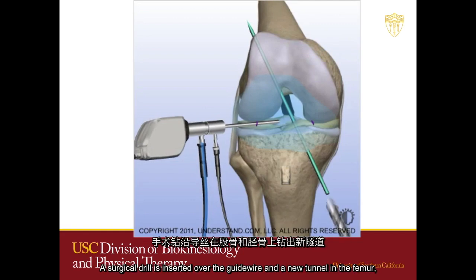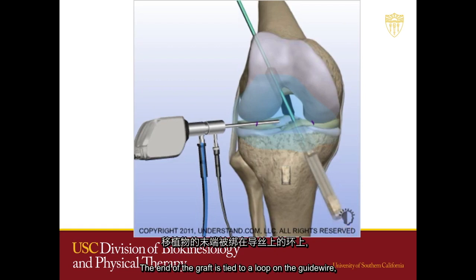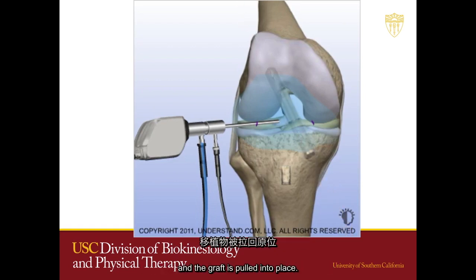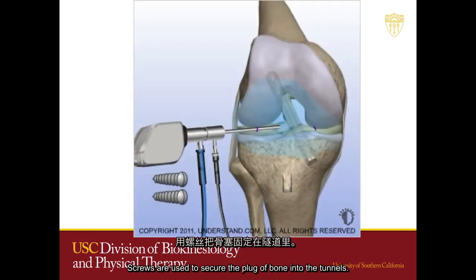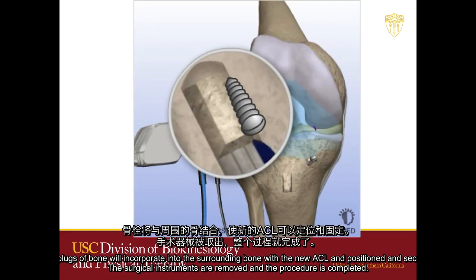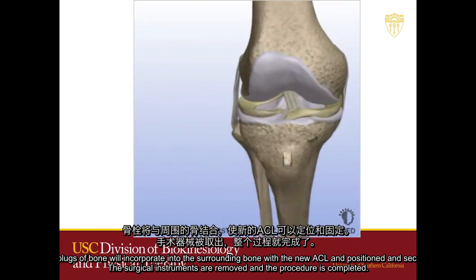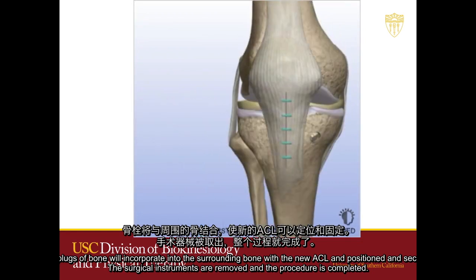A surgical drill is inserted over the guide wire, and a new tunnel in the femur and tibia is created for the new ACL graft. The end of the graft is tied to a loop on the guide wire, and the graft is pulled into place. Screws are used to secure the plugs of bone into the tunnels. Over time, the plugs of bone will incorporate into the surrounding bone. With the new ACL in position and secured, the surgical instruments are removed and the procedure is completed.